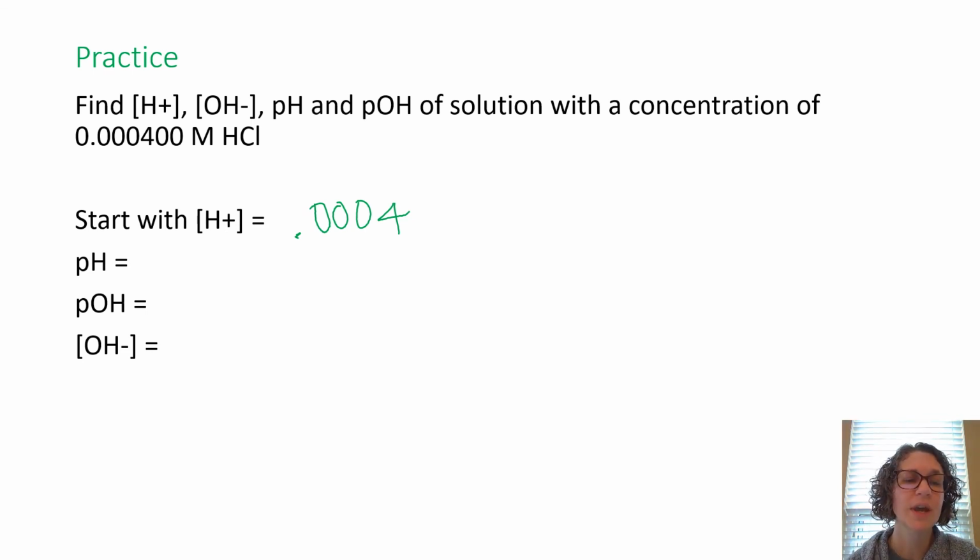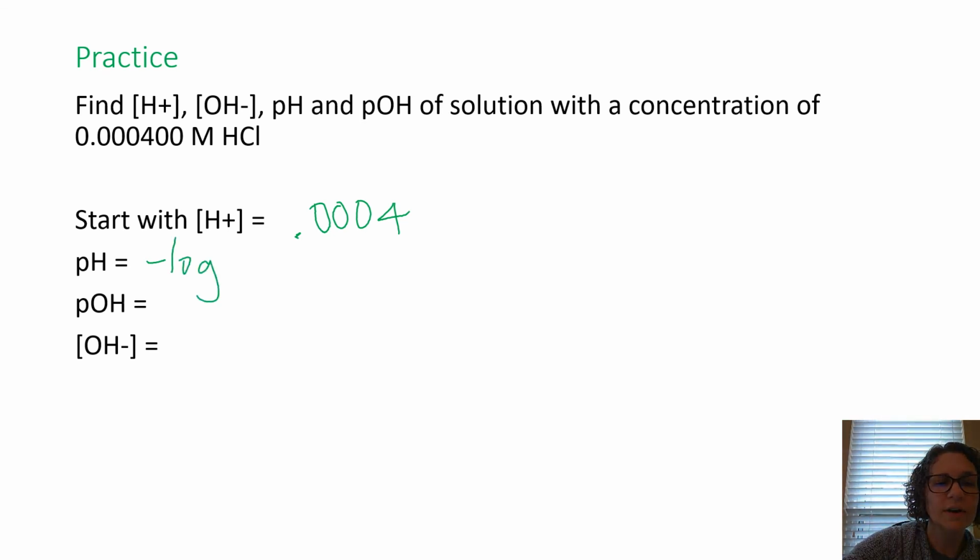Now, to find pH, I'm going to need to take the negative log of the concentration of H, which is 0.0004.